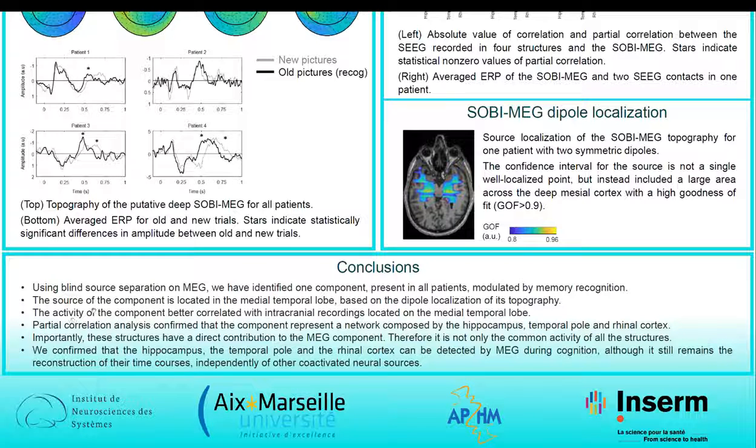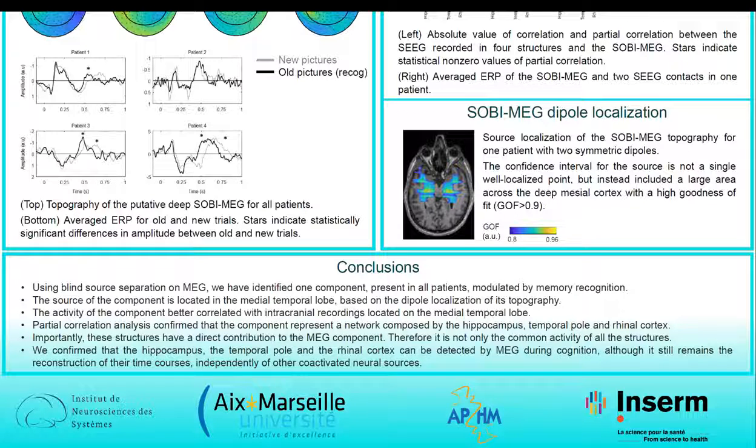Moreover, the source of this component is located in the medial temporal lobe, based on the dipole localization of its topography, as we have seen at the end. The activity of this component is also better correlated with the activities of structures related to the medial temporal lobe: the amygdala, renal cortex, and the hippocampus.